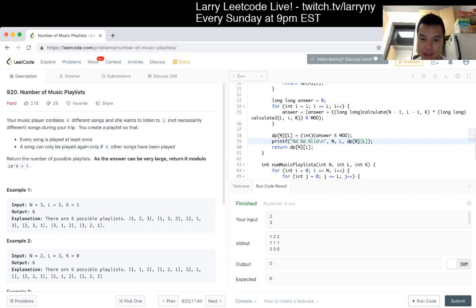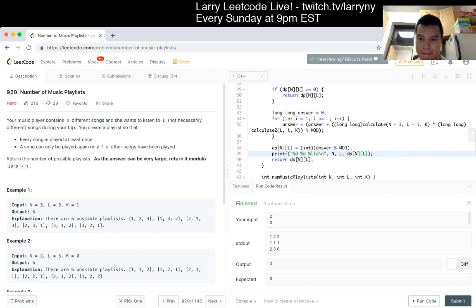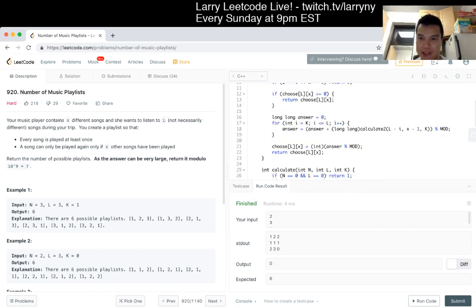Okay, so 1, 2 is 1. Why is that the case? These are just returning 0, I guess.